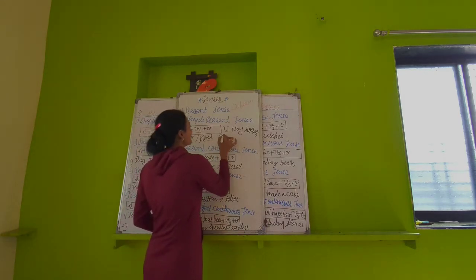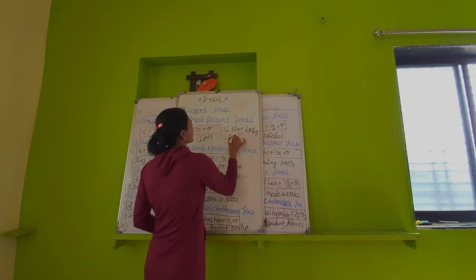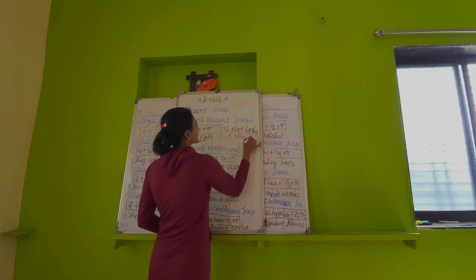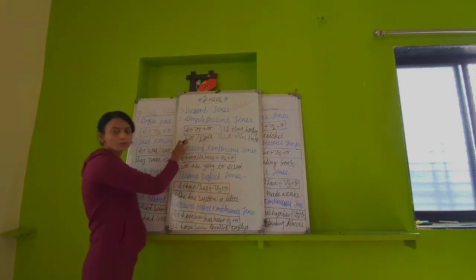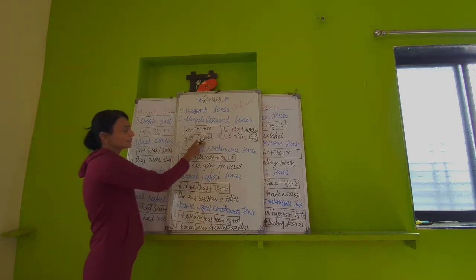Second example, we run fast. In this tense we have to use do and does.